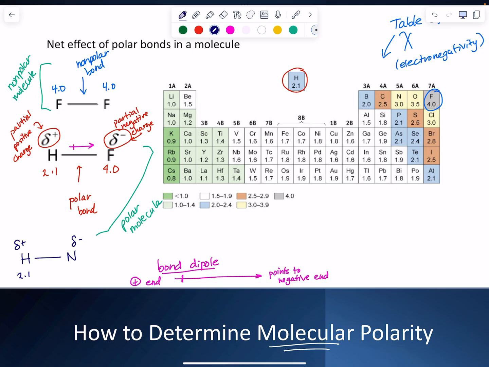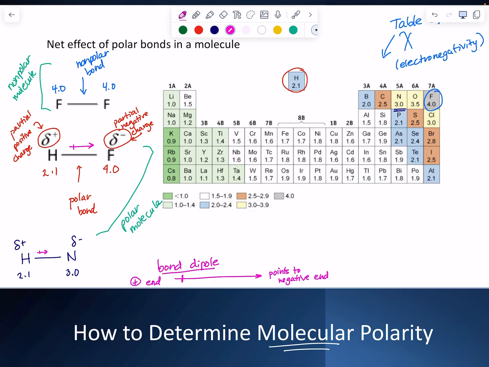But the electronegativity of nitrogen is a whole point on the scale lower than fluorine. So the bond dipole for this is going to be smaller.